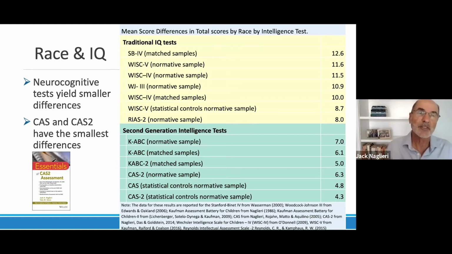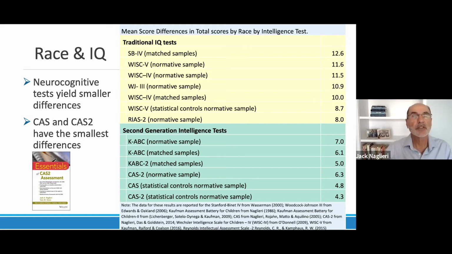So there's more strengths in the total score. And we don't measure what kids don't know, right? We're not penalizing them for not knowing, not having a good vocabulary.